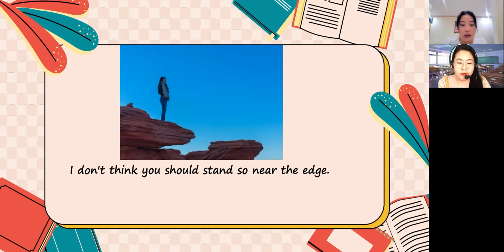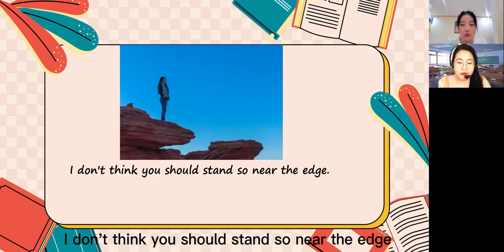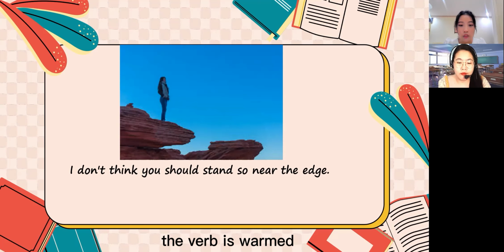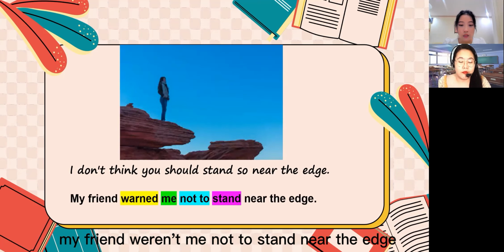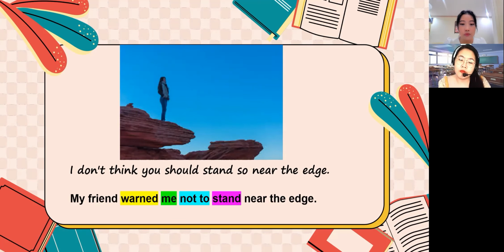Okay, next. I don't think you should stand so near the edge. The verb is warned. My friend is the indirect object. Stand is the original form of the verb. Changing to reported speech, we can say, my friend warned me not to stand near the edge.